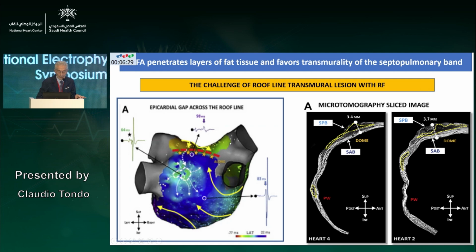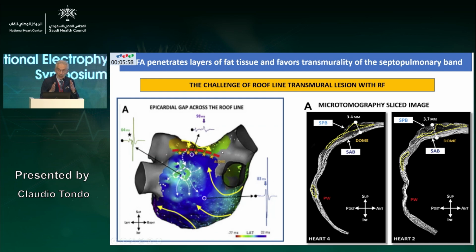Look at here. You have an epicardial gap across the roof line when you create the lesion with RF. But PFA can penetrate layers of fat tissue, and this explains why you might achieve transmurality of the so-called septopulmonary band, which is located here at the roof.